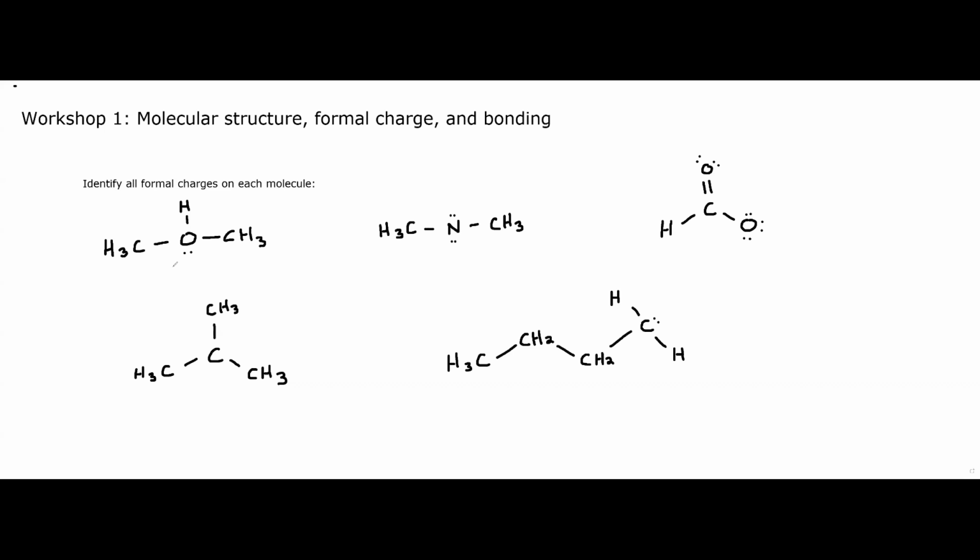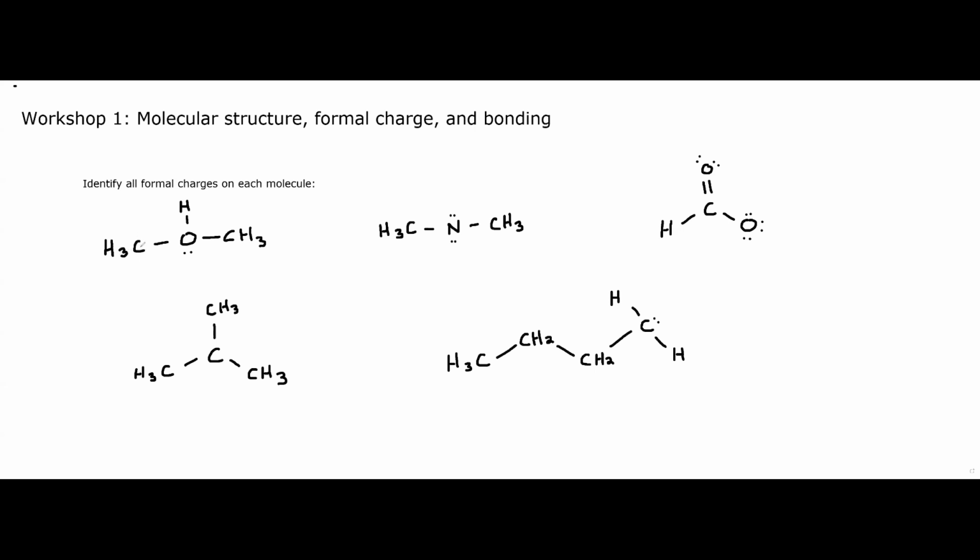One thing to note before we get started is that I'm drawing CH3 instead of drawing out every single hydrogen. So I'm just shorthanding by condensing the CH3, the methyl group, and writing the CH3 instead of drawing out every single bond.